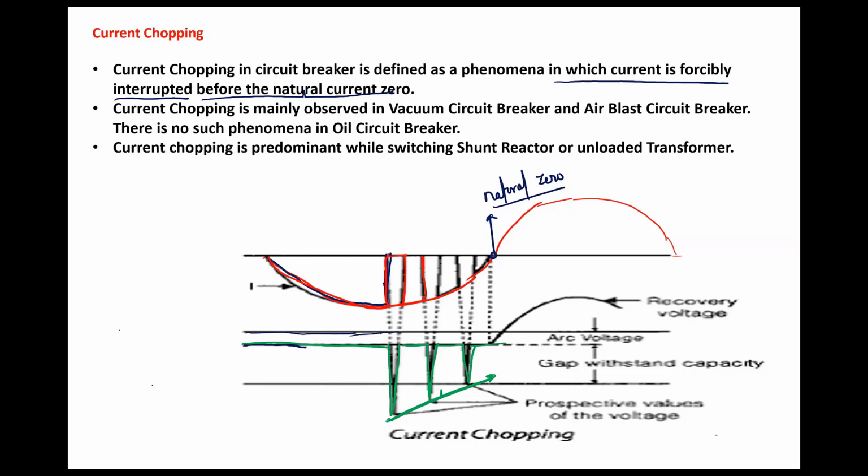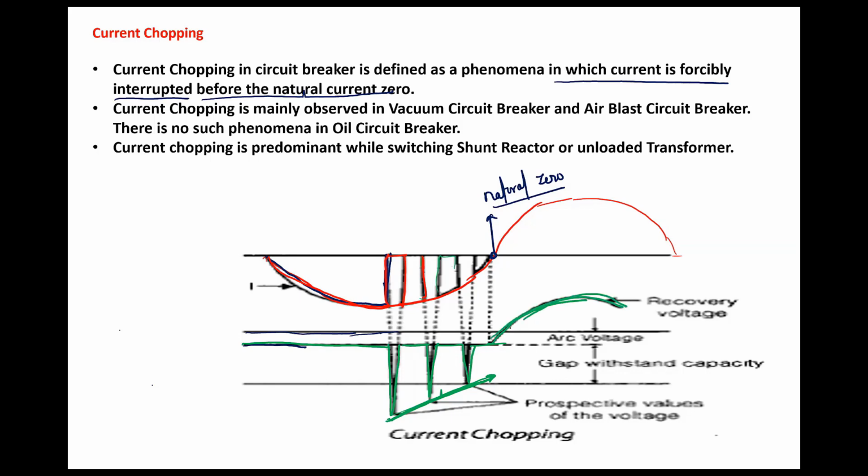Chop means hacking. You're chopping the current wave. So the voltage across the circuit breaker poles is decreasing. After a number of chops, what will happen? The arc will not restrike. Once the current is completely chopped, you can see your system voltage is becoming the recovery voltage.